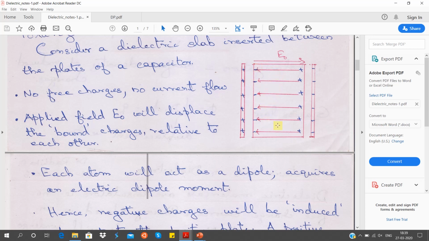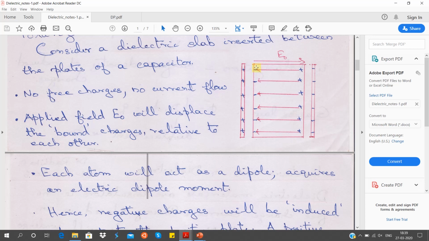That means all the charges here are bound charges. They are bound to the nucleus. So what is going to happen? This electric field will displace these bound charges from their position. They get displaced by a small amount.